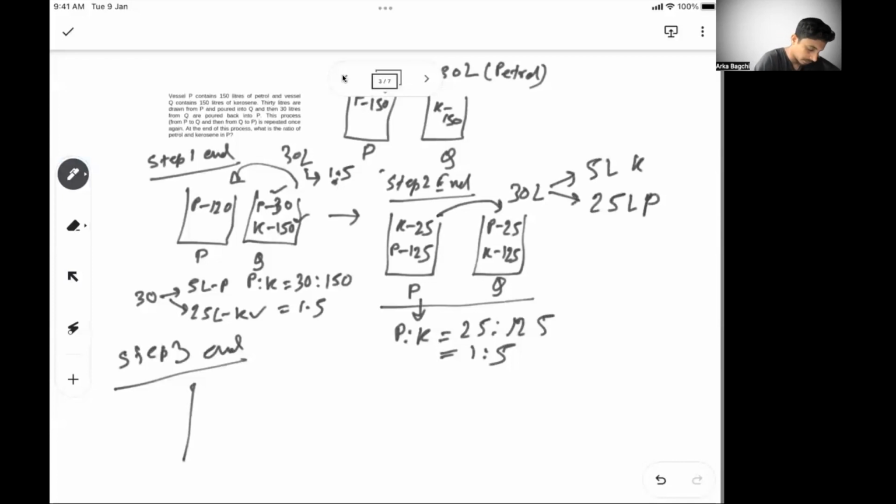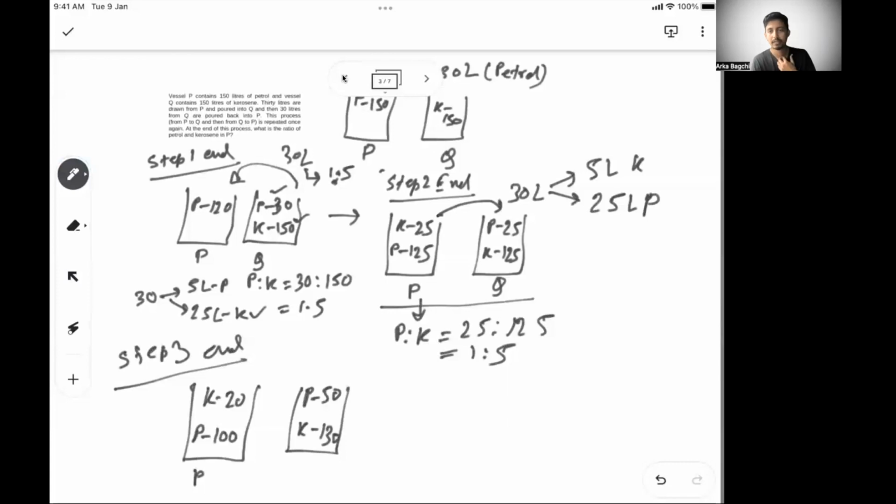So at the end of step 3, you will give away 25 liter of petrol. So your petrol becomes 100, and you will give away 5 liter of kerosene. So your kerosene becomes 20, because it was 25 earlier in pot P. In pot Q, your kerosene becomes 130 because it was 125 earlier and you are giving back 5 liter from the 30 liter mixture, and your petrol becomes 50, because it was 25 earlier and you are adding back 25.